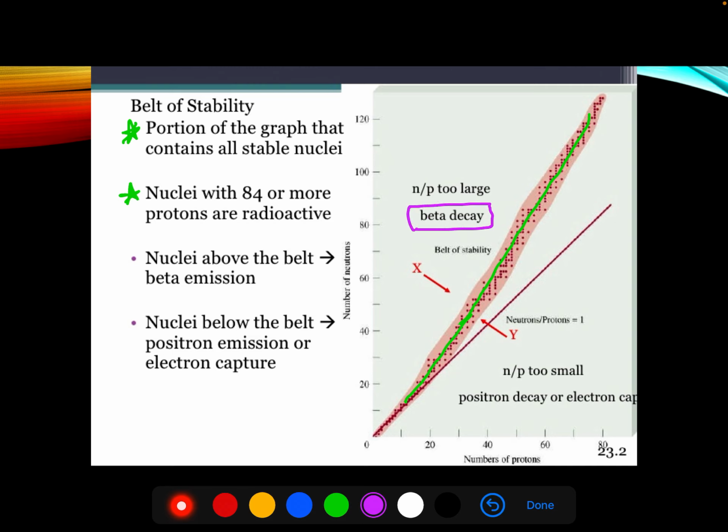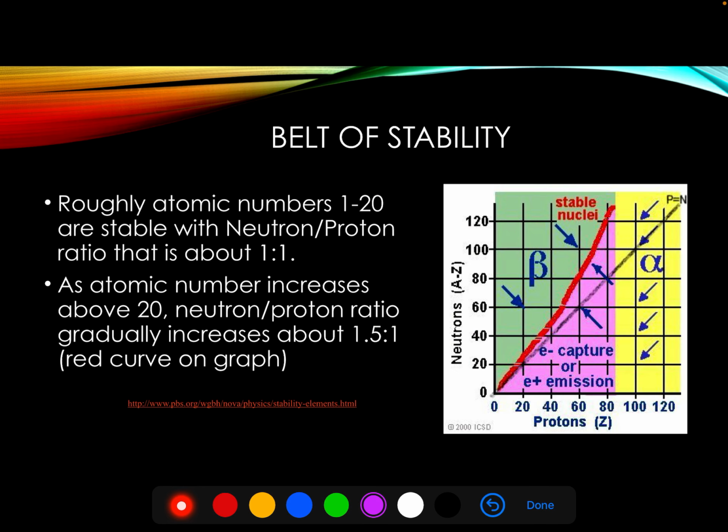And nuclei below the belt go through positron emission or positron decay or electron capture. And again, I'll explain what that means. Past 84, it goes through what's called alpha decay. So above the band is beta, below is electron capture. Past the 84 line here is alpha decay.